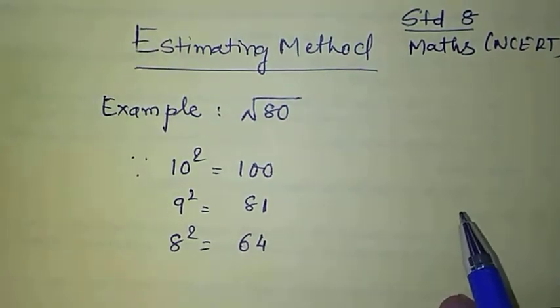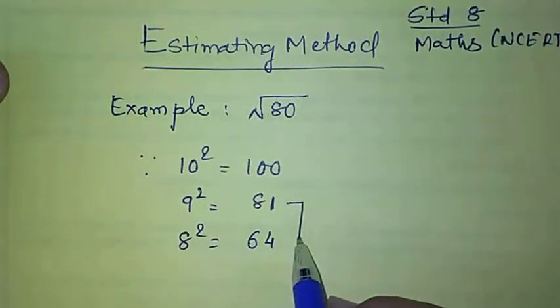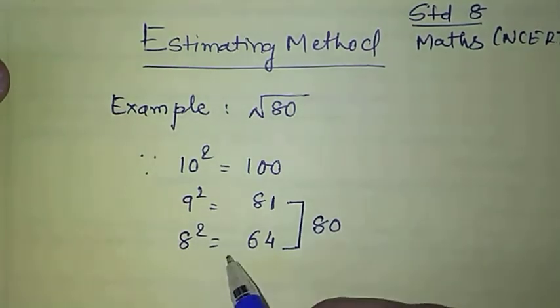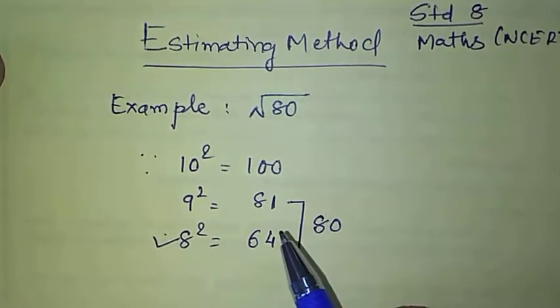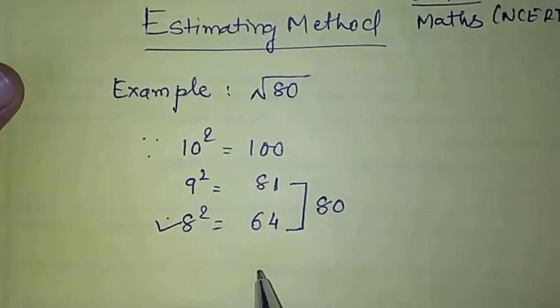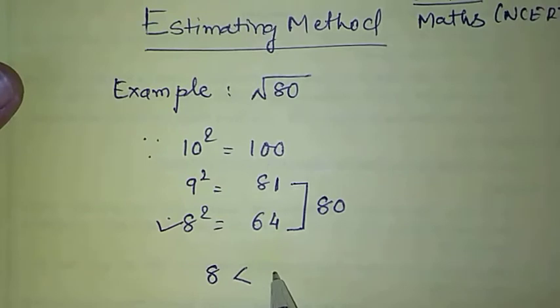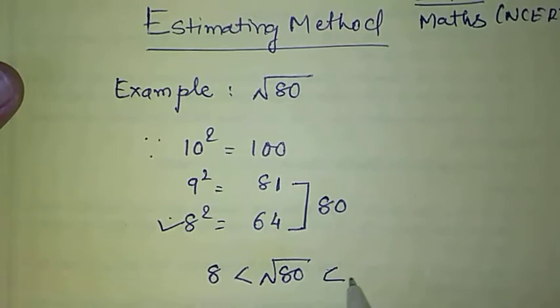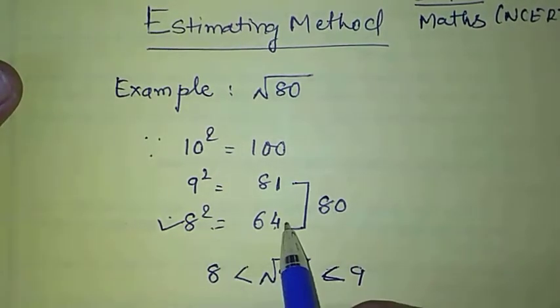So we find that 80 comes between these two numbers, that is 9 square and 8 square. Which one is smaller? 8. So we know that 80 lies between 8 square and 9 square, between 64 and 81.